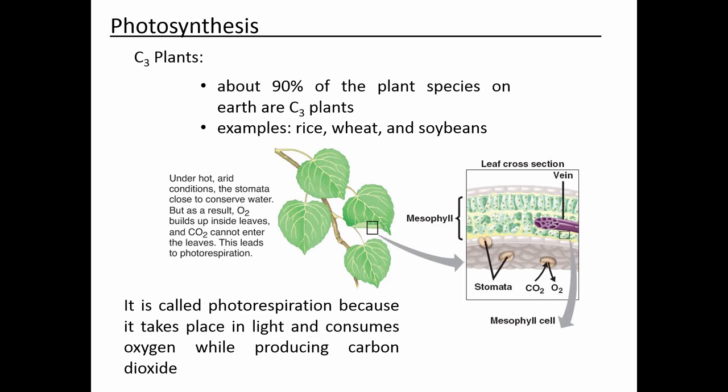The first step of the Calvin cycle takes carbon dioxide and attaches it to ribulose bisphosphate. That produces a 6-carbon molecule, and this 6-carbon molecule immediately breaks apart into 2 3-carbon molecules. And because the product of initial carbon fixation is a 3-carbon molecule, that's where the name C3 comes from. So the C3 comes from the fact that the product of initial carbon fixation in these plants is a 3-carbon molecule.